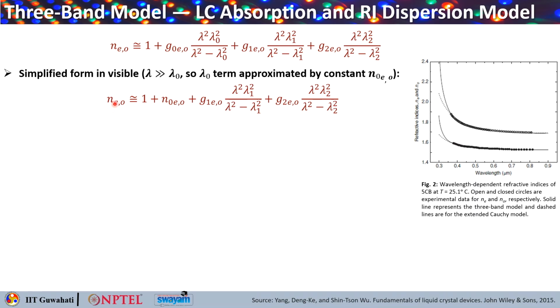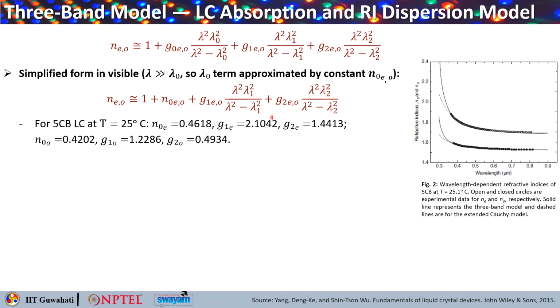You can write n_EO typically equal to 1 plus N naught_EO, so that goes into the background, and then you have the dependency, these two terms, which depend on lambda 1 and lambda 2. And for 5CB at temperature equal 25 degrees centigrade, you can calculate this value as 0.4618. These coefficients are given, so that allows you to obtain all the parameters.